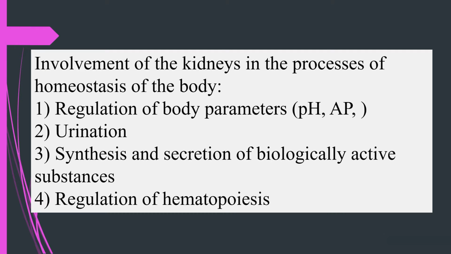The kidney is involved in the processes of homeostasis of the body, regulation of body parameters, for example pH and arterial pressure, urination, synthesis and secretion of biologically active substances, and regulation of hematopoiesis.